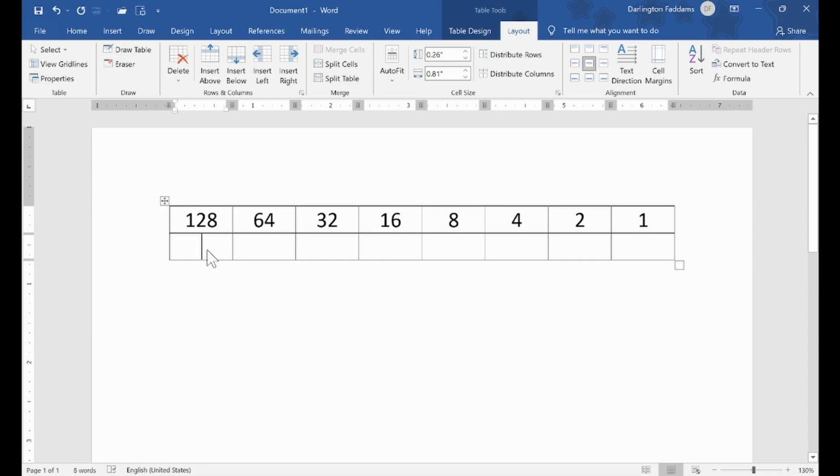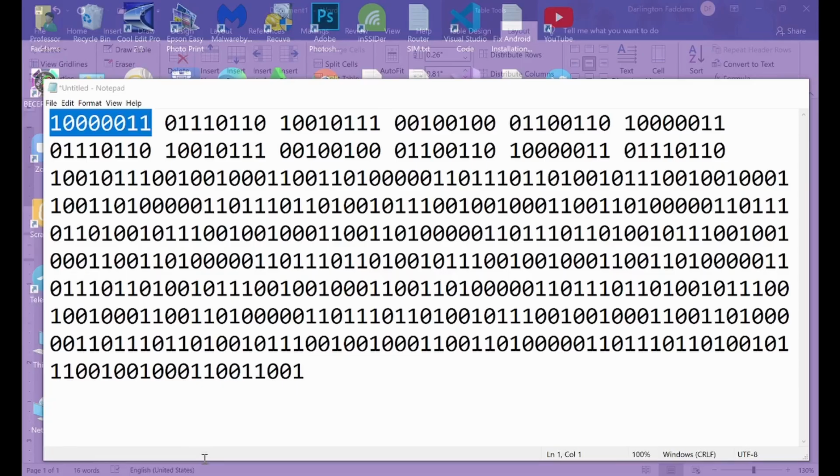All right, so let's go ahead and do it. Do you remember this table? This is a table we use to convert binary to decimal, right? So we'll feed the code here. The code I gave you.